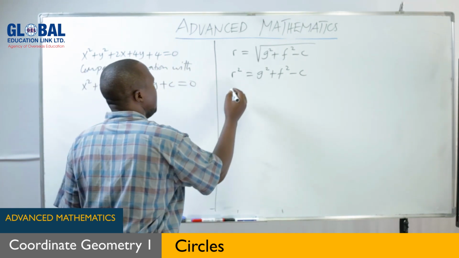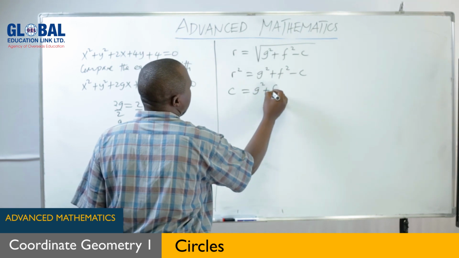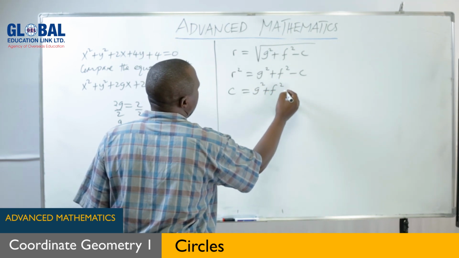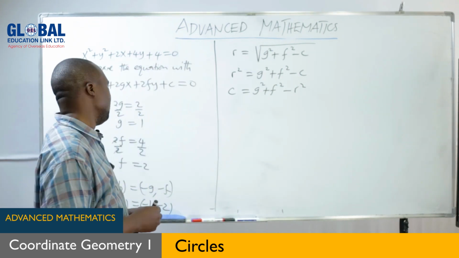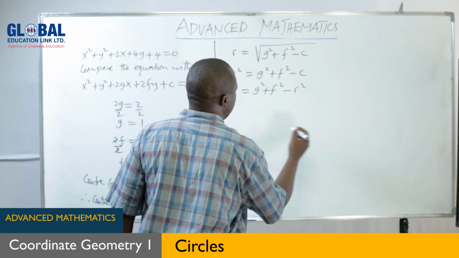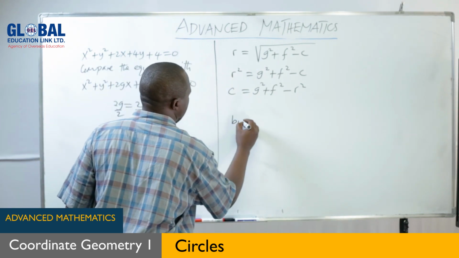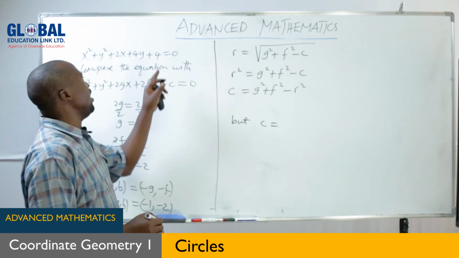That means c is equal to g squared plus f squared minus r squared. Here c is the same as 4.